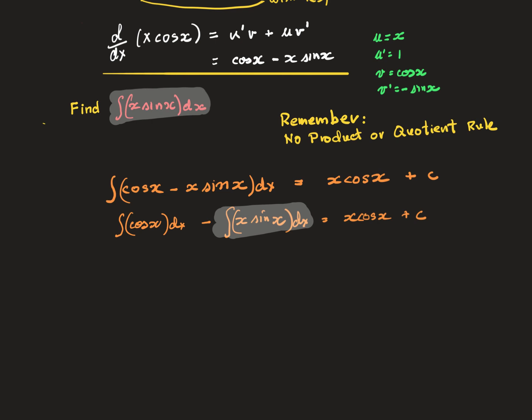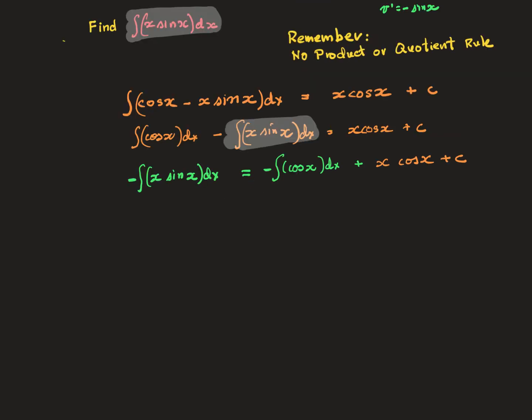algebraic rearrangement. So now we can start with saying that the integral of x sin x dx, which has a negative sign in here, and we bring the cos x to this side, then that would be negative, and we'll add on the right hand side x cos x plus c.